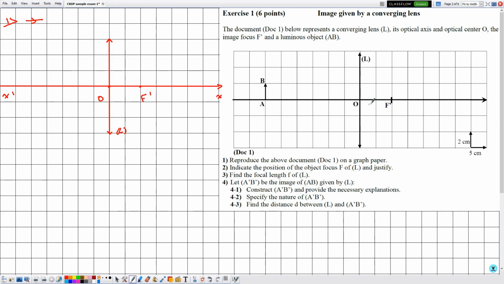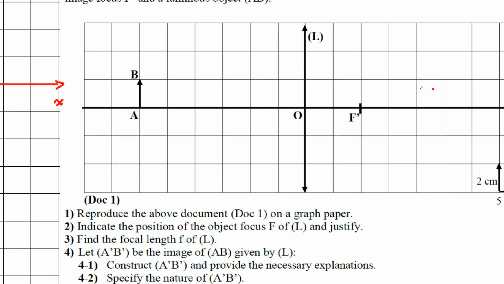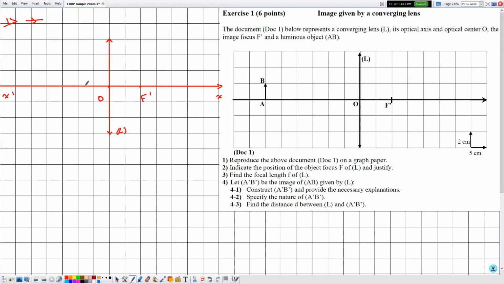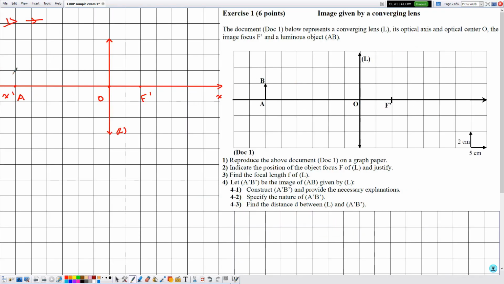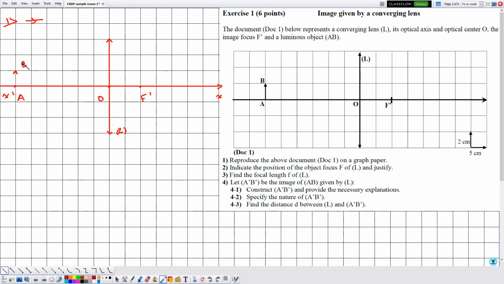Now the object focus here is not given, and the point A is located on the optical axis in front of the lens by 1, 2, 3, 4, 5, 6 divisions. This is the point A. And the point B is located 1 division above A. A hat is found on B. And this is the object AB.